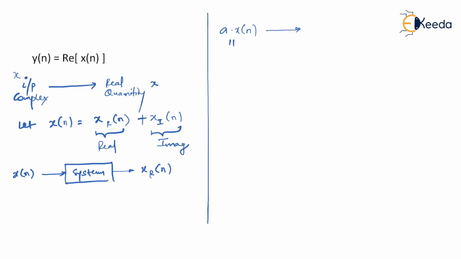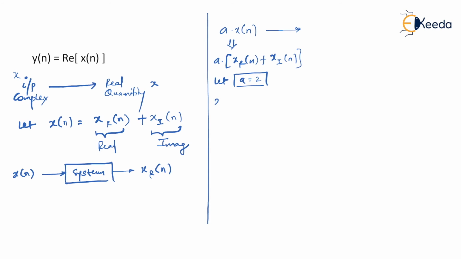So what is meant by a times x of n? It is a times x of n, which consists of xr of n plus xi of n, that is real part of x of n and imaginary part of x of n. Let us assume a equal to 2.